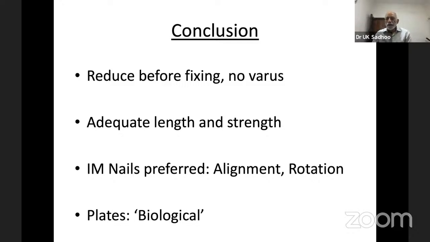And the beauty of the blade plate is, unlike DHS or DCS, it does not take any bone away. You do not have to ream at all, or drill or anything at all. It just goes in. It preserves whatever precious bone is left.